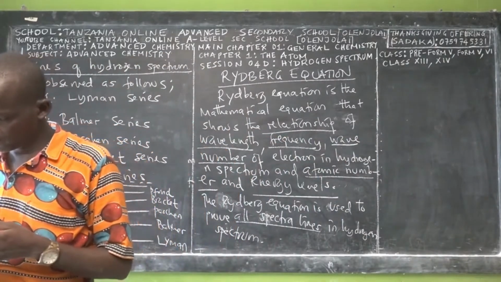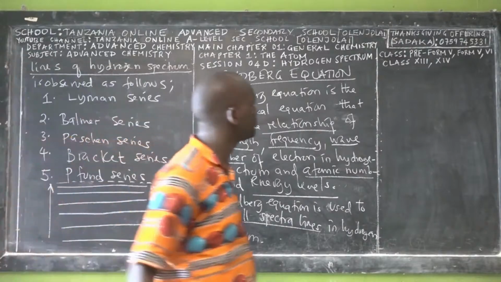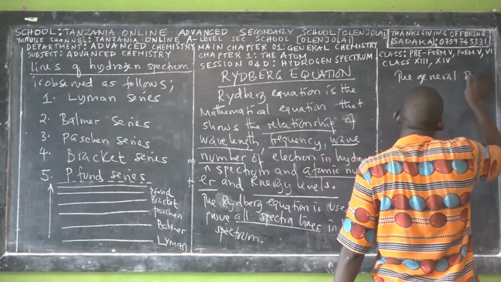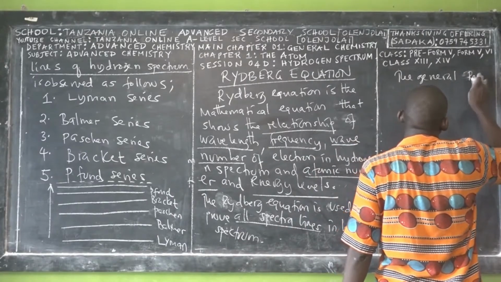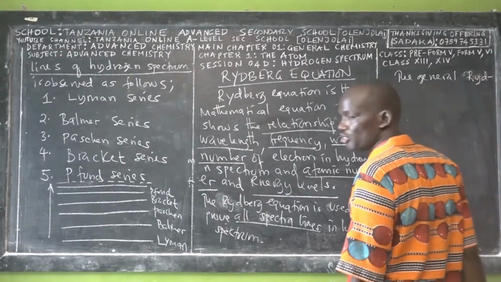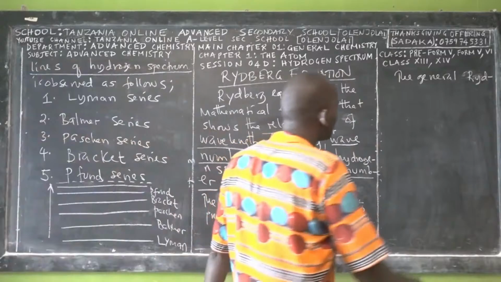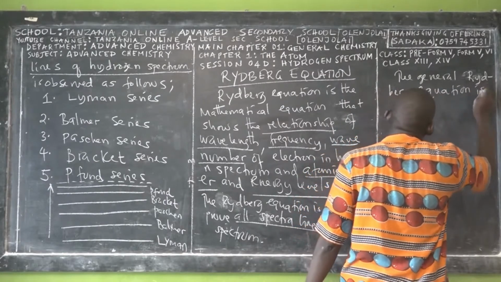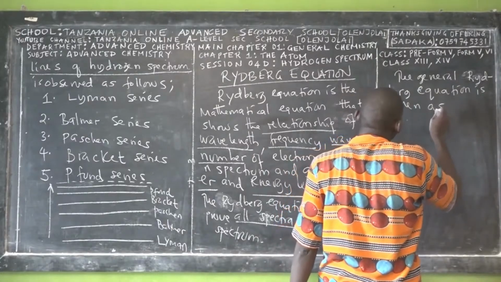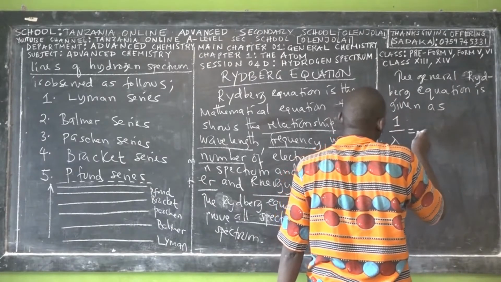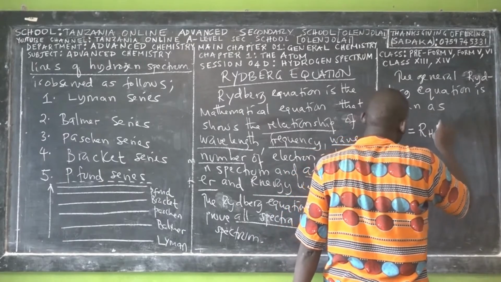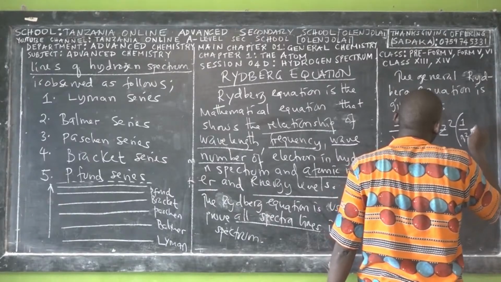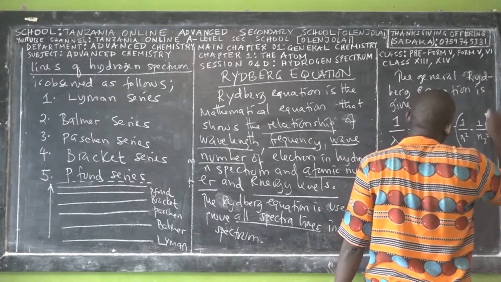So let me give you the general Rydberg equation. It is given as 1 over wavelength is equal to the Rydberg constant times the square of the atomic number, times (1 over n1 squared minus 1 over n2 squared).